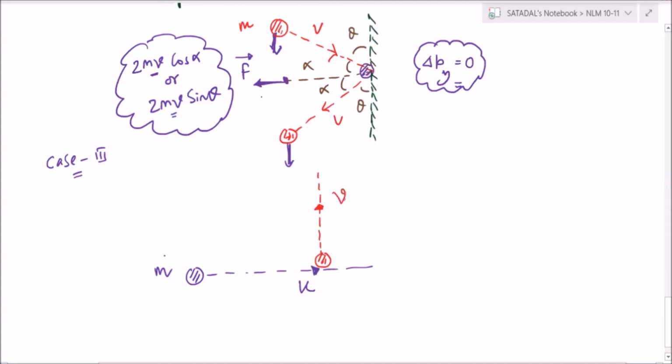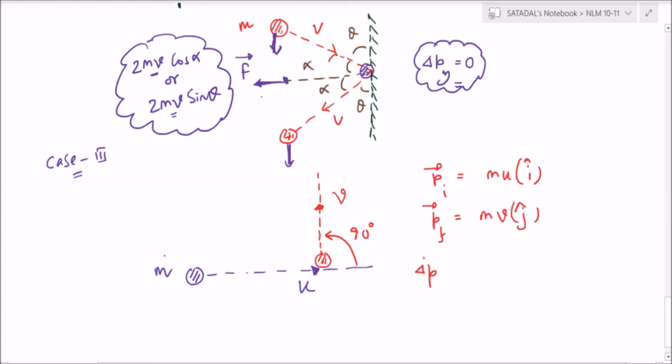So it started moving in that direction. By what angle has the particle deviated? 90 degree. Correct. So what is the initial momentum? You can write p initial vector is equal to mu i cap. What is the final momentum? p final vector is equal to mv j cap.